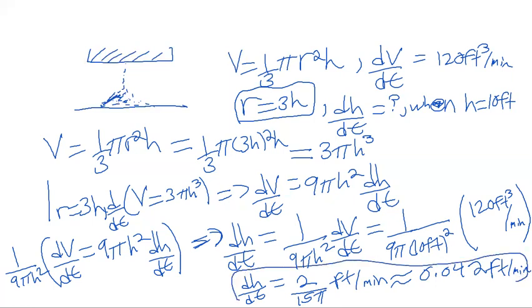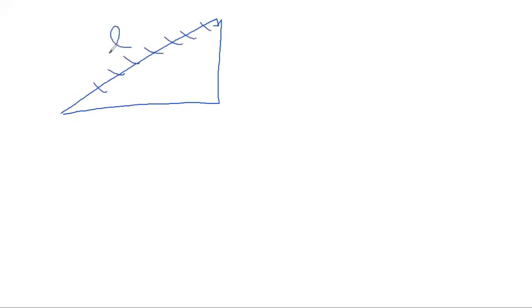And the last example that I'm going to talk about is, suppose I have a ladder against a wall. They tell us the ladder is 13 feet, so I'll call it L, and that the height of the wall is 12 feet.